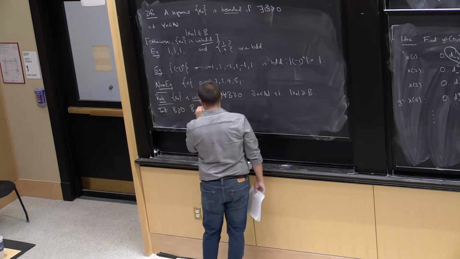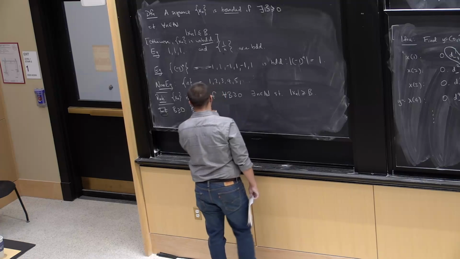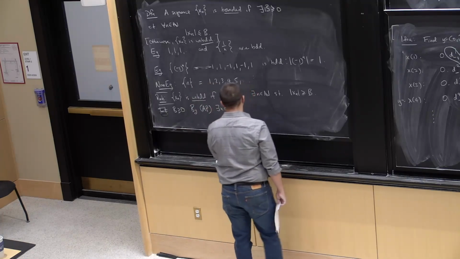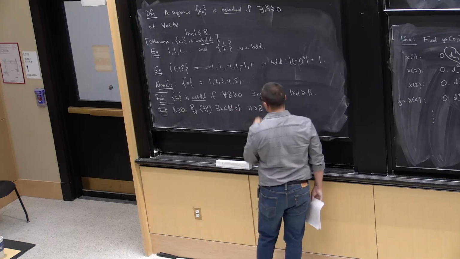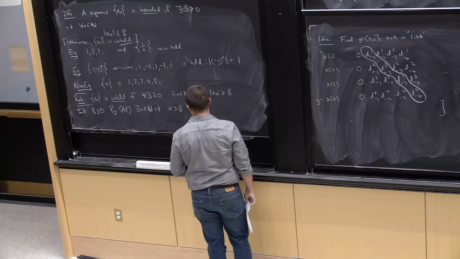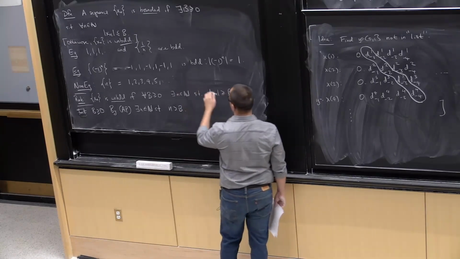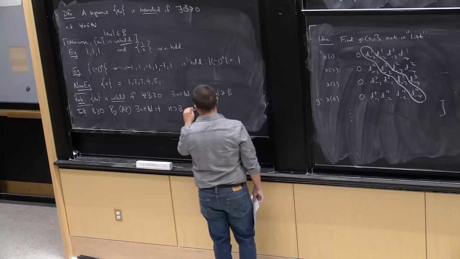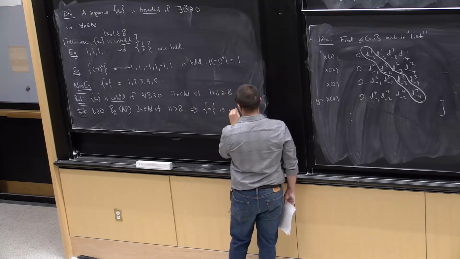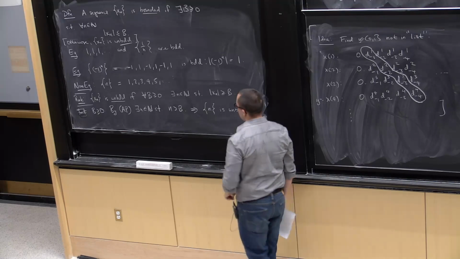By the Archimedean property, there exists a natural number n such that n is bigger than b, which is exactly what we wanted to prove, because in this case, x sub n is n. Is unbounded. Okay.